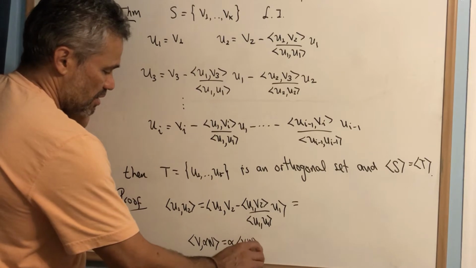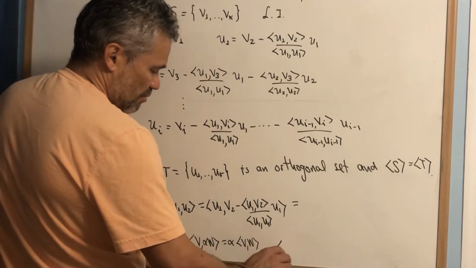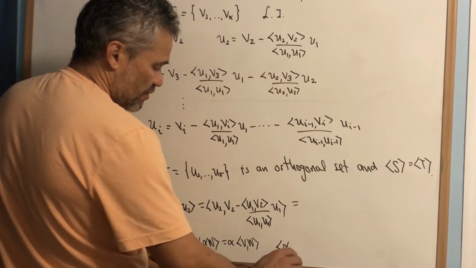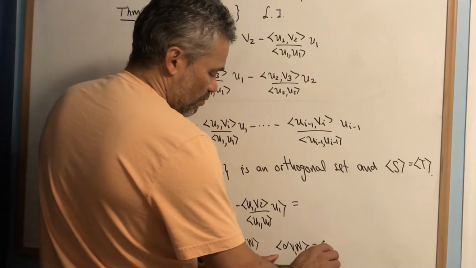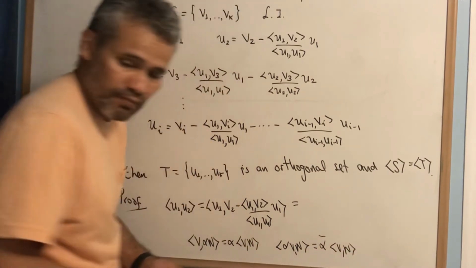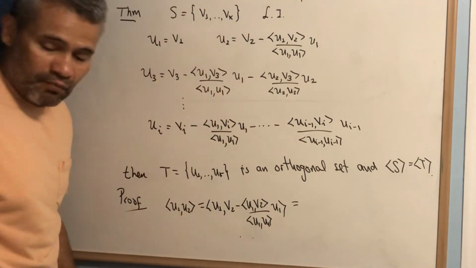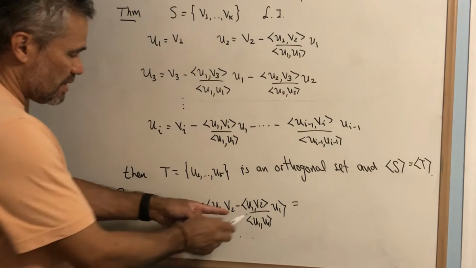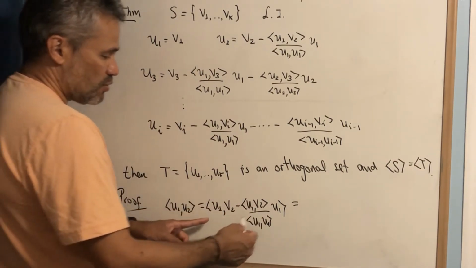We don't need this one, but remember that if the alpha is multiplying the first vector, then the property would be alpha conjugate ⟨B, W⟩. Here the alpha is in the second entry, so it goes out.